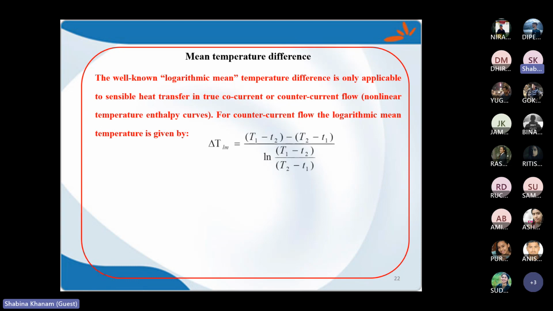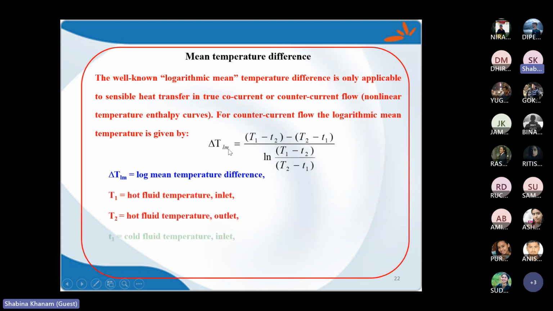This equation you have already read. This is delta T mean, and LM is log mean. Capital T1 and capital T2 are the inlet and outlet temperatures of the hot fluid. Similarly, small t1 and small t2 are the inlet and outlet temperatures of the cold fluid. So this is the LMTD for counter current.